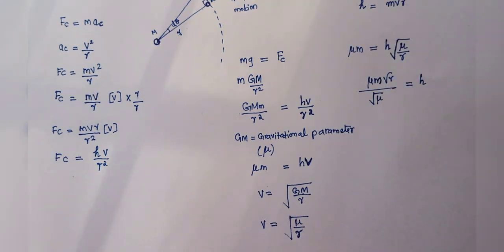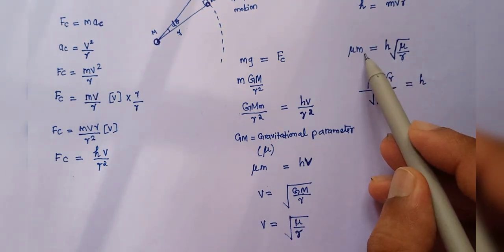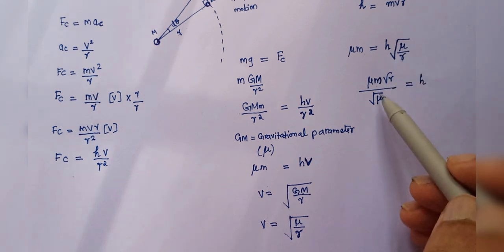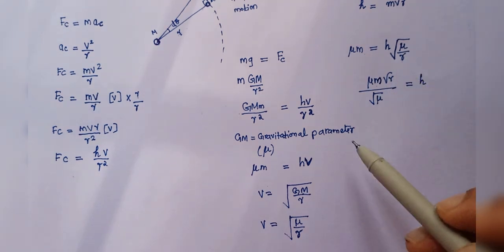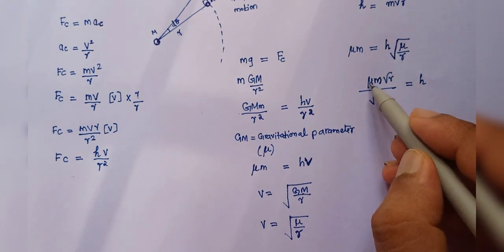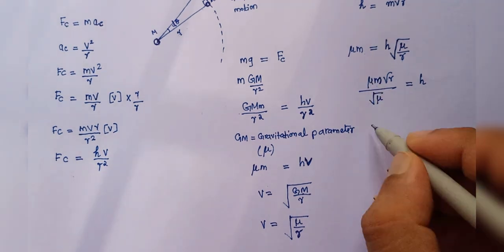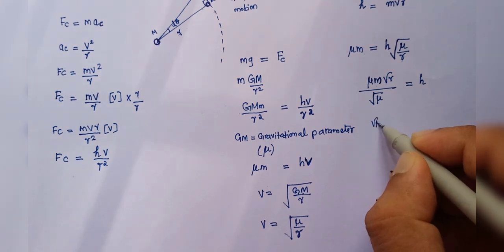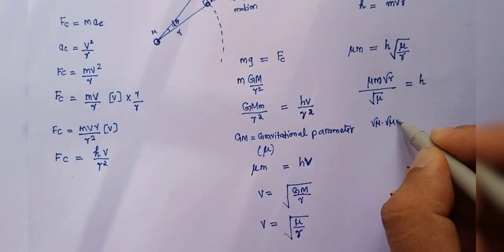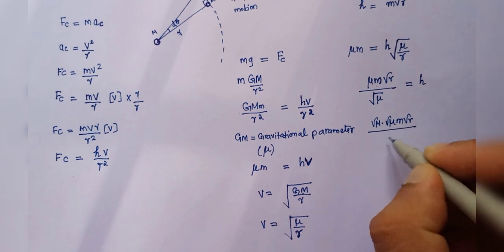So I think this is clear. You have taken root r this side, you get m into root r, so root of mu comes to the downside. So now what is mu actually? Mu can be written as root of mu times root of mu, into m into root of r divided by root of mu.